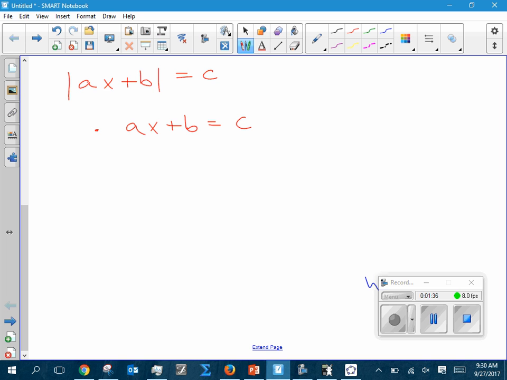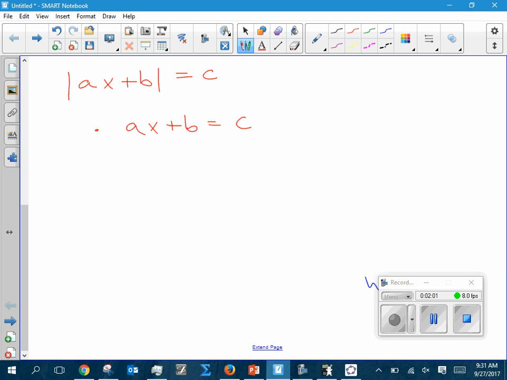But understand, the thing that is problematic about this question is the absolute value bars. So I can't just get rid of them, solve, and be done, right? If I get rid of them, there's always got to be something that compensates for that. You can't just say, well, I got rid of them, I solved this, I'm done. Because if that was the case, they would have never given the absolute value bars to begin with. Does that make sense? They would just give you ax plus b equals c.